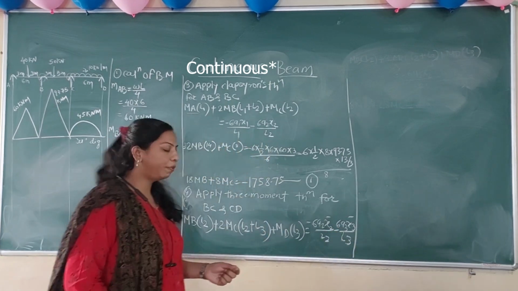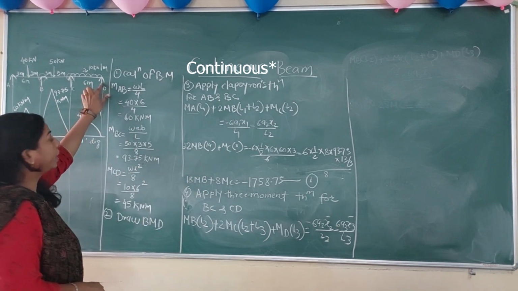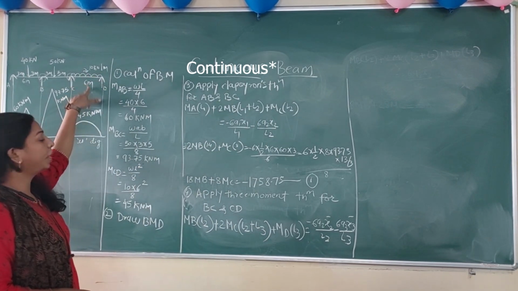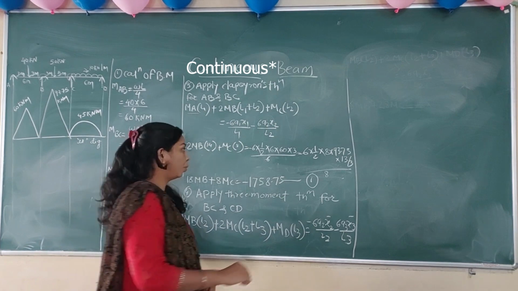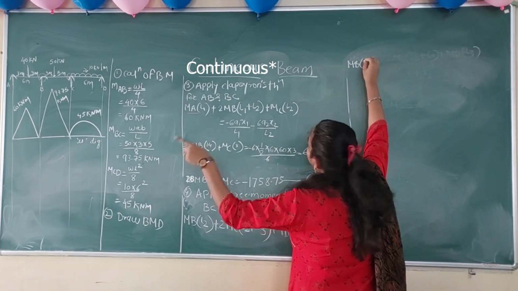Let's simplify this. You know that point D is the last support and is simply supported, so MD will be 0.